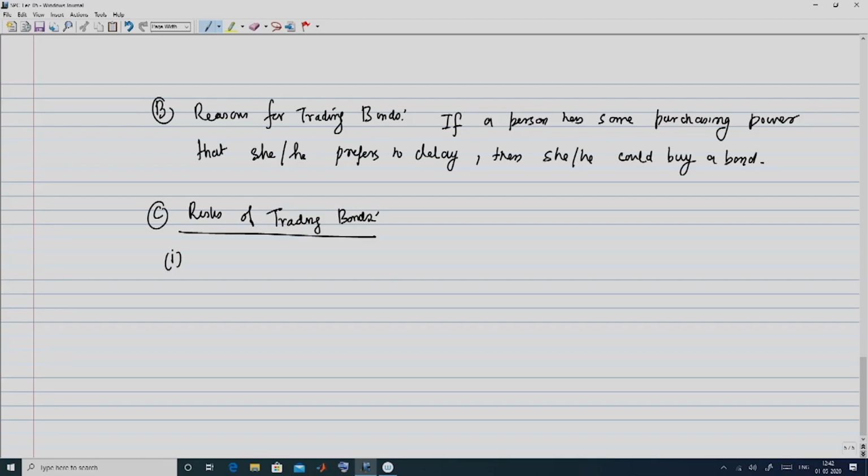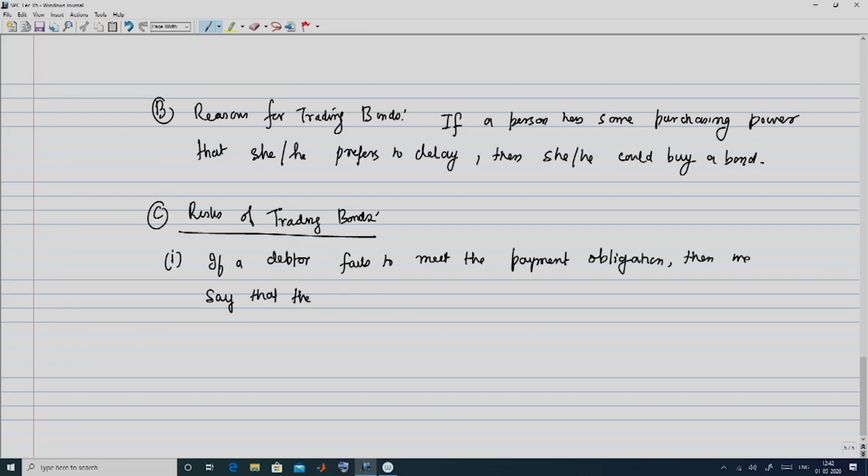So, the first one that we look at is that if a debtor, and this as I pointed out happens in case of corporate bonds, if a debtor fails to meet the payment obligation, that means the coupon and the nominal payment obligation, then we say that the debtor has defaulted.